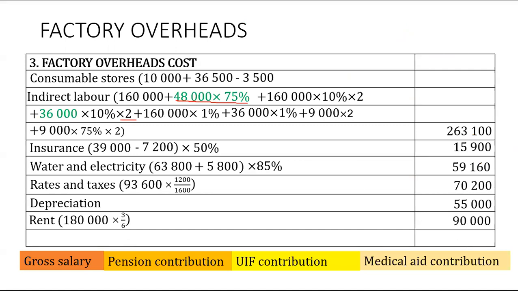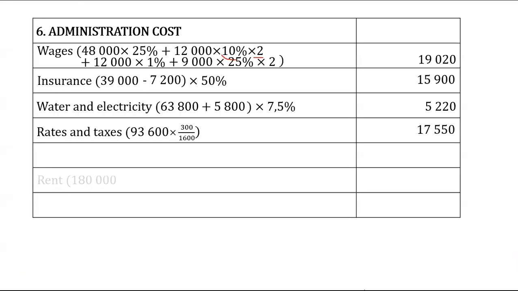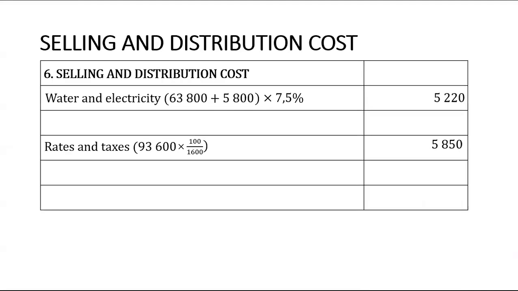Read the question carefully, guys. 2 over 6 will go to administration, and 1 over 6 will go to selling and distribution. Done, guys. Easy, right? All right.